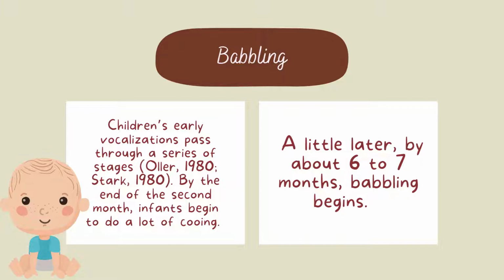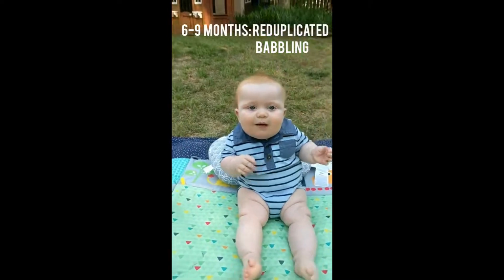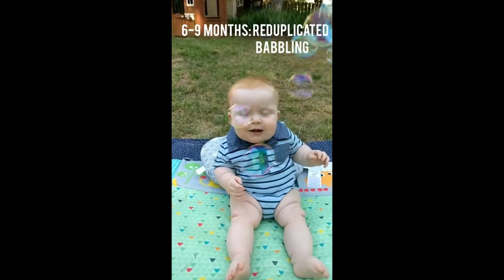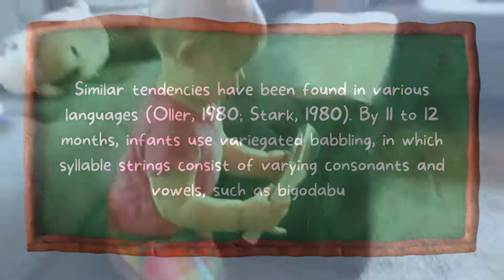A little later, by about 6 to 7 months, babbling begins. Infants first use reduplicated babbling, in which they repeat a consonant-vowel sequence, such as "bubbles." Similar tendencies have been found in various languages. By 11 to 12 months, infants use variegated babbling, in which syllable strings consist of varying consonants and vowels.